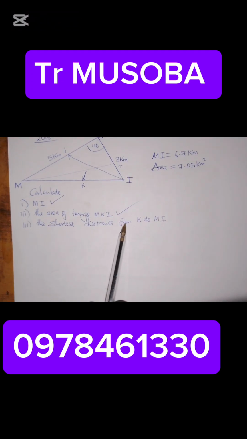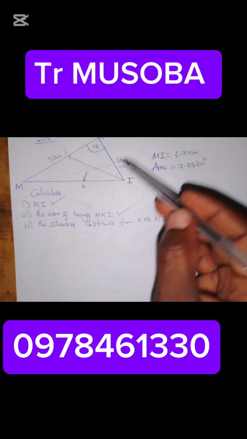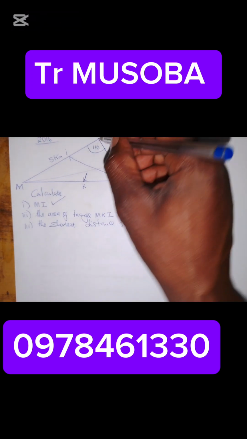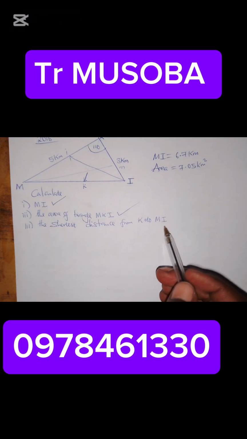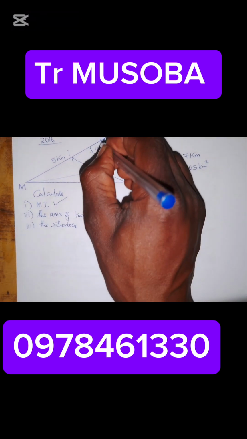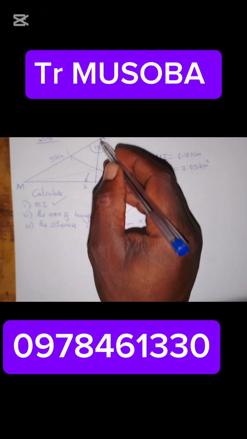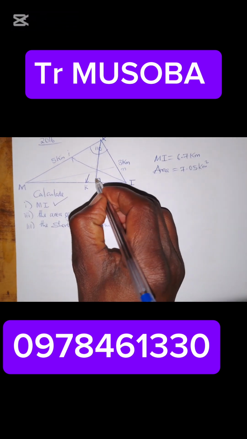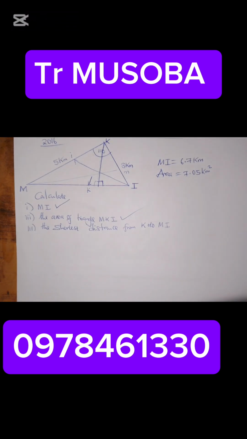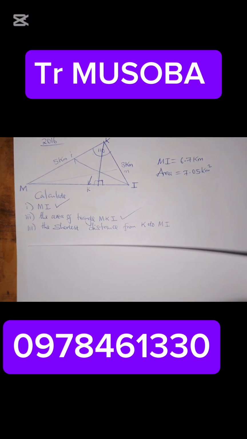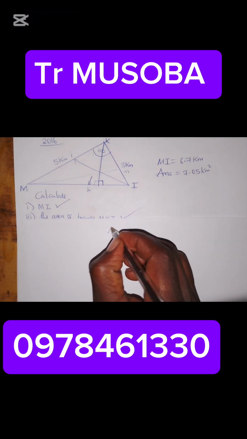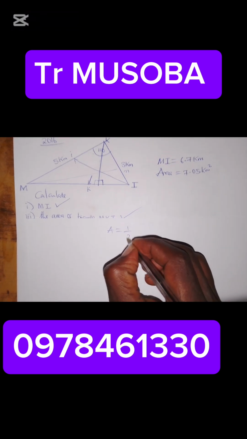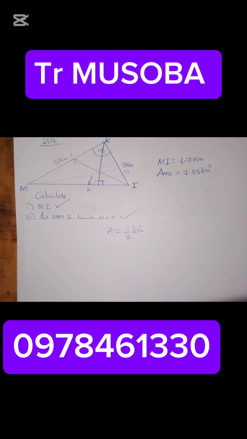Calculate the shortest distance from K to MI. So we need to calculate the shortest distance from here to here. Now, if you look at this, this makes a right-angled triangle. Now, to calculate the shortest distance, we say area of a triangle is half BH.